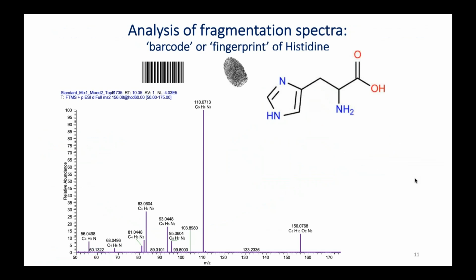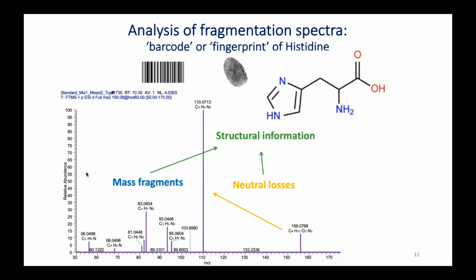To explain some of the concepts in a bit more detail, here we see a spectrum of histidine. And for this MSMS spectrum, in literature you will also see terms like barcode and fingerprint. The reason for that is that a lot of molecules have a unique fingerprint, a unique mass spectrum, when you do the MSMS measurement. And here we can recognize mass fragments and neutral losses.